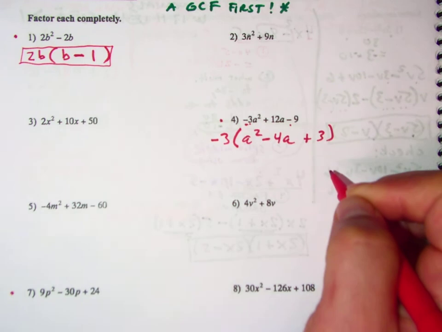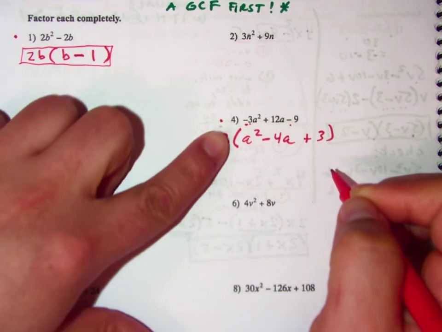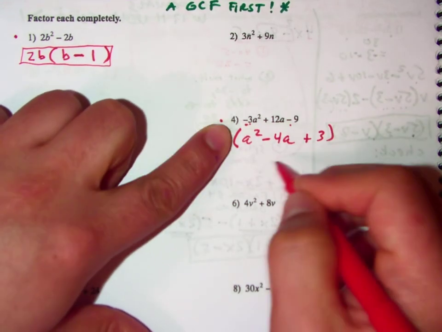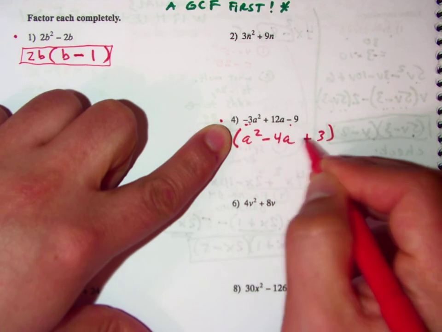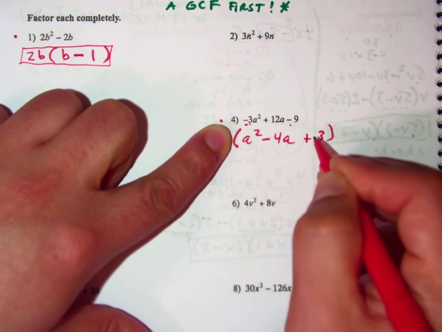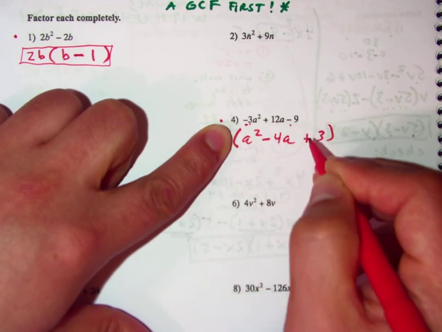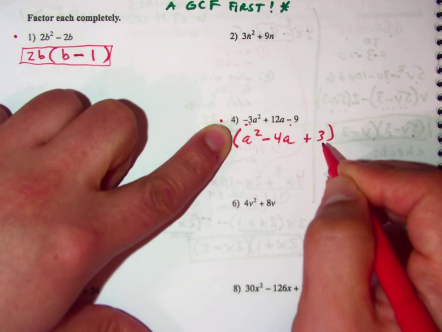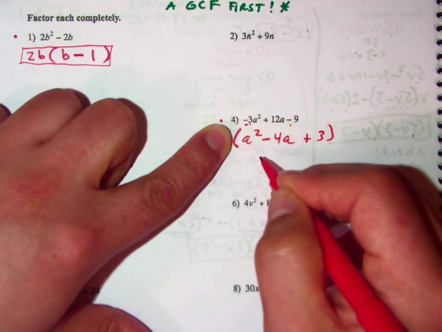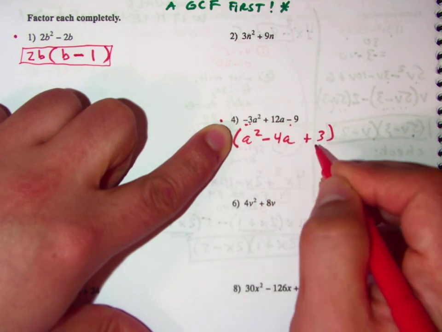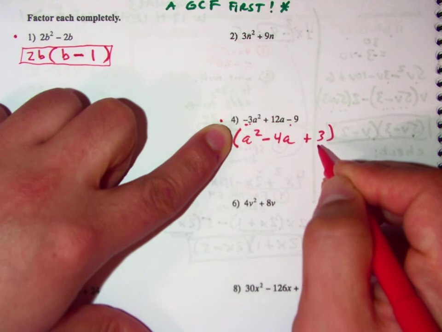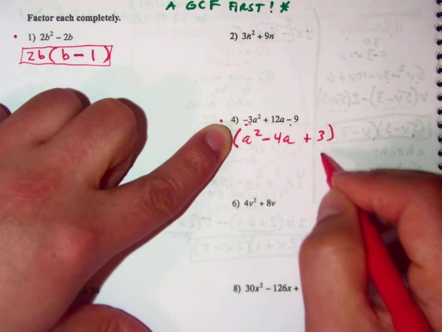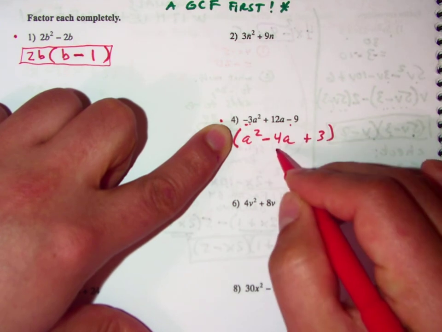All right, and so the GCF just stays there for now, but our focus turns to the second factor. Okay, this looks like a trinomial, and it should factor. All we have to do is look at the last number. What multiplies to 3 but adds up to negative 4?